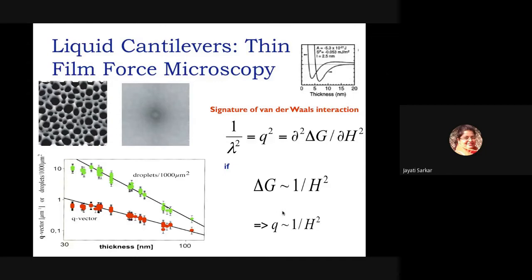So this is a definite measure of the type of interaction present in the liquid film, depending on the number of droplets and the wavelength that is found. If it is found to be varying as h square, you know that van der Waals interaction is present. If it is varying differently, you know that different interactions may be present, and you can find out which interactions are present inside the film by looking into the dewetting pattern.